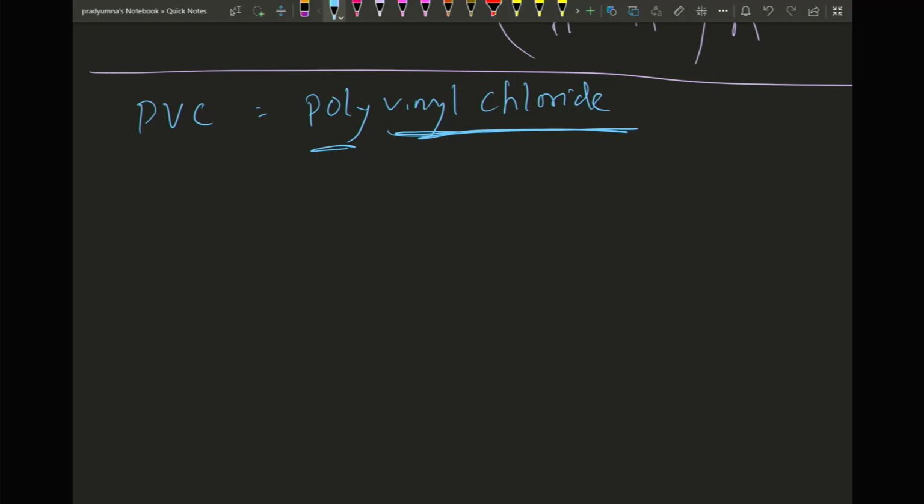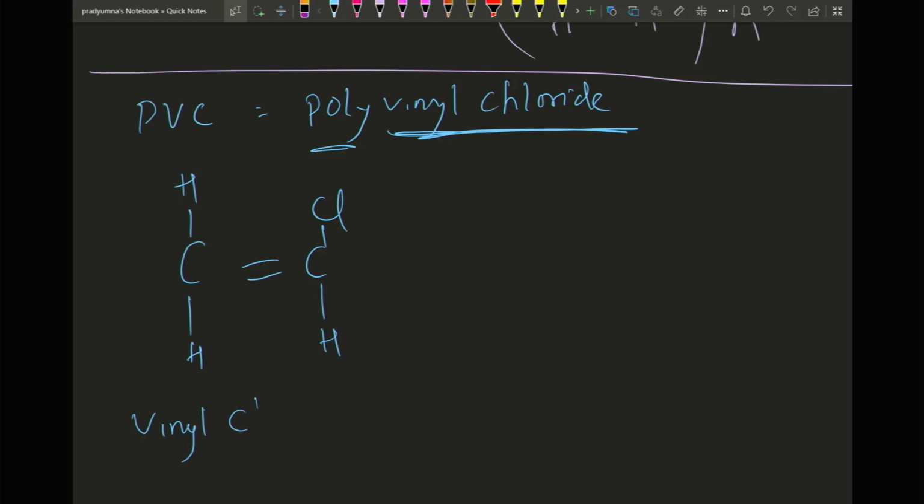Vinyl chloride is a nickname of the compound. Again, its molecule is pretty simple. It's CH2 CHCl. If I want to extend this, maybe I should write in the extended format. So CH2, and that is vinyl chloride, right?